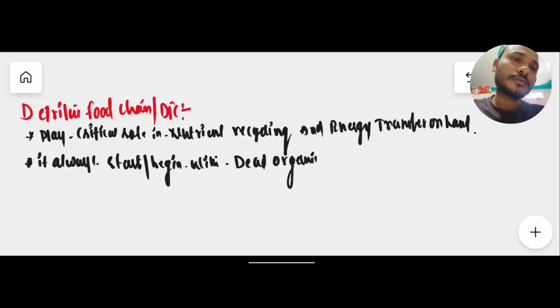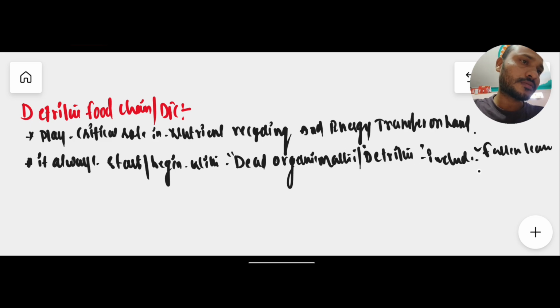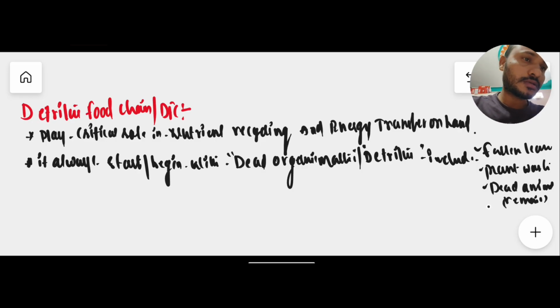Dead organic matter can also be called by the important biology term, detritus. Dead organic matter generally includes fallen leaves, plant waste and dead animal remains. All these are included as dead organic matter or detritus.